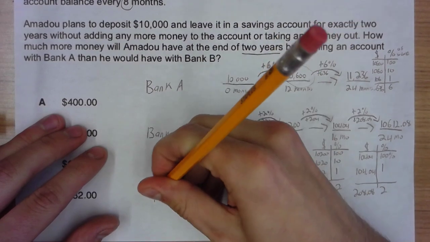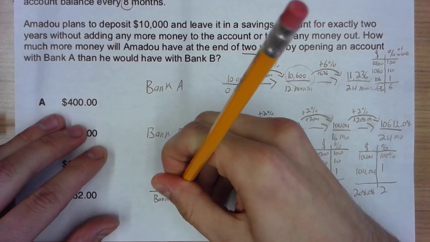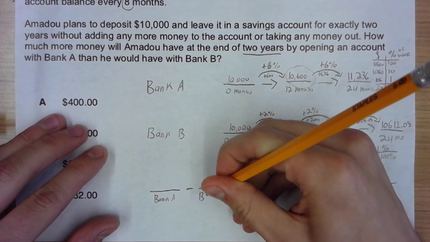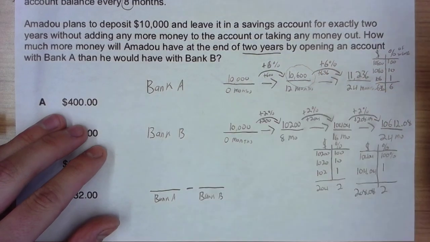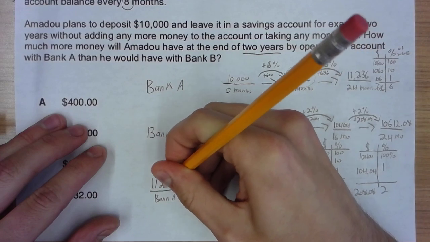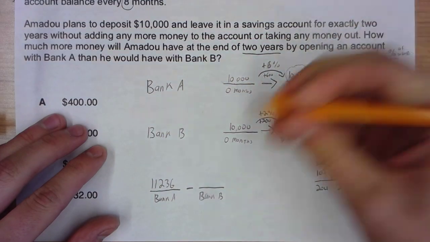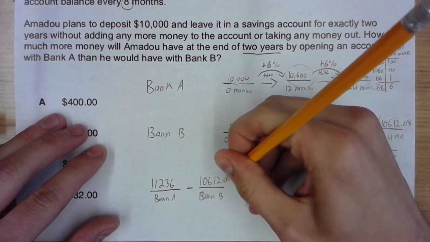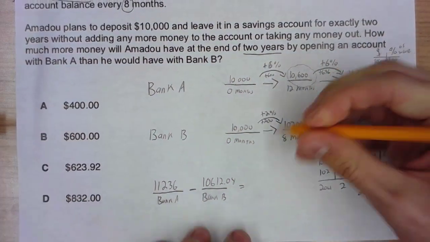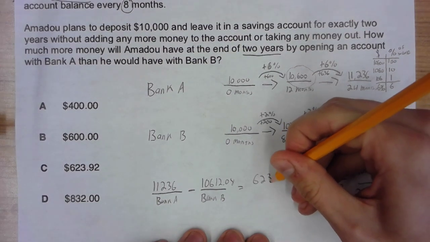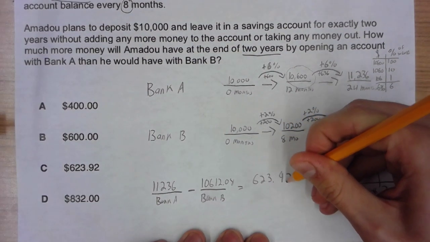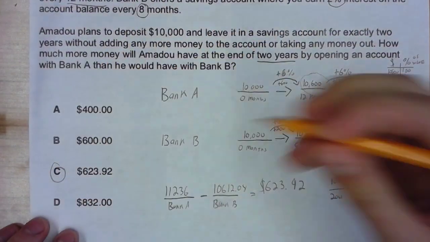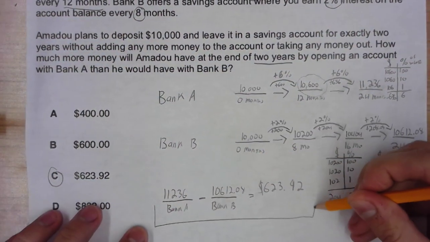The total of Bank A minus the total of Bank B, which is going to be 11,236 minus 10,612.08, which is going to be $623.92. And that will be our answer C right here. And there you have it.